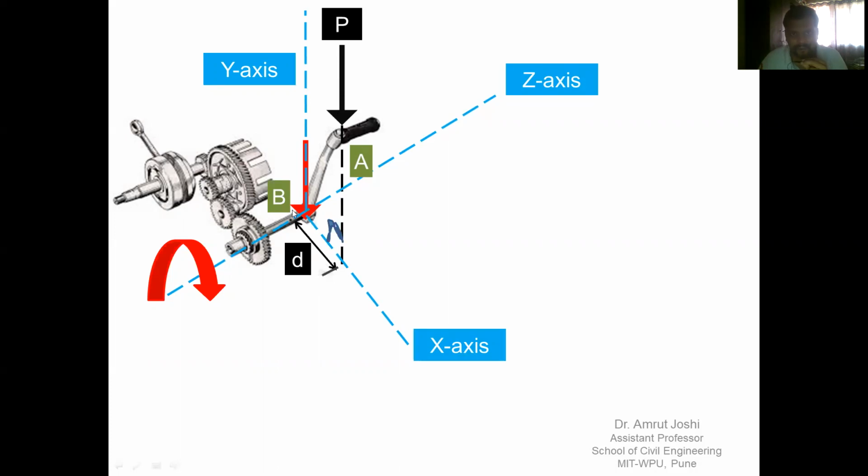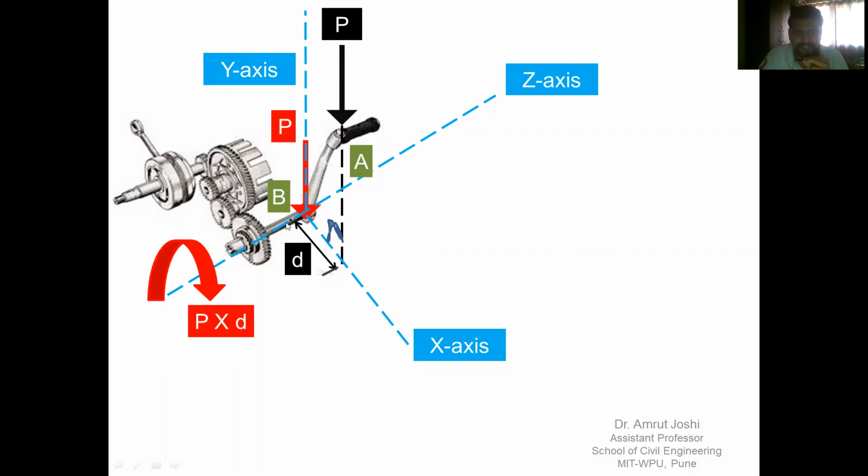So it has twofold effects. The vehicle gets pushed down. That means there must be a force acting in downward direction at B. So the first effect of force P applied at A is that force as it is.